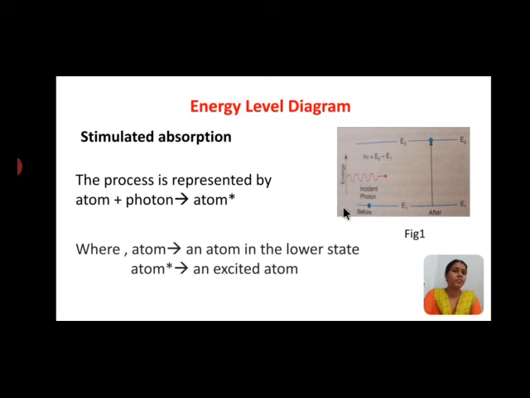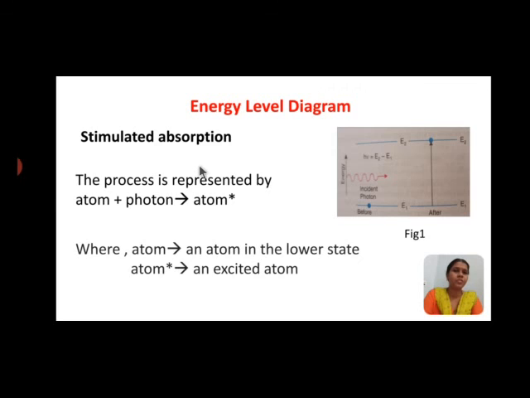After, what will it do? The atom will go and sit in the higher energy state. That is atom star. Simply I have written the atom as atom, which indicates that the atom is in the lower energy state. Atom star means excited state. This atom absorbs the photon and goes and sits in the higher energy state. So this is about the energy level diagram for the stimulated absorption.